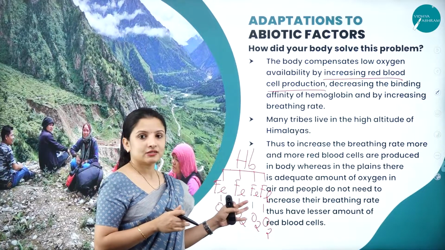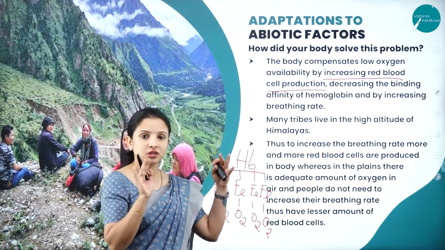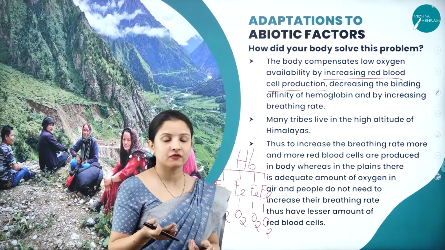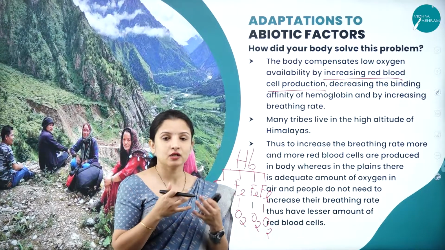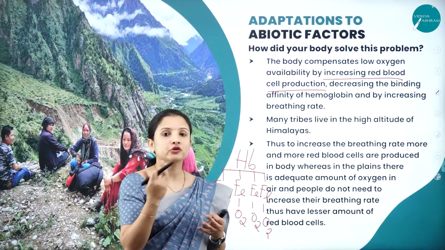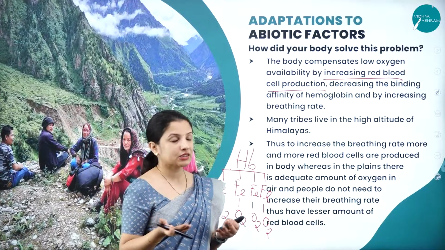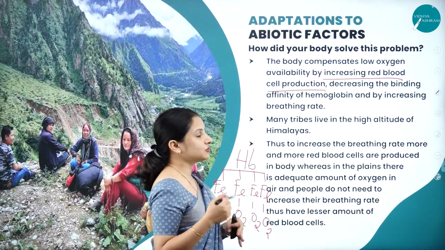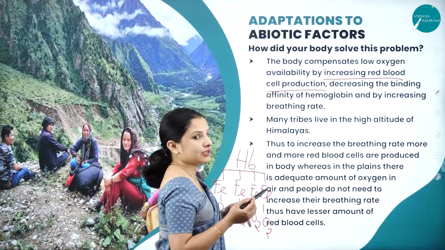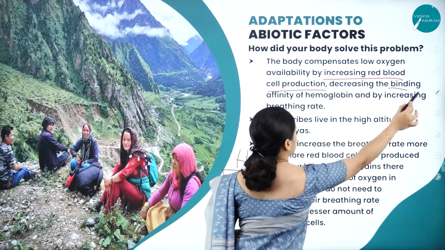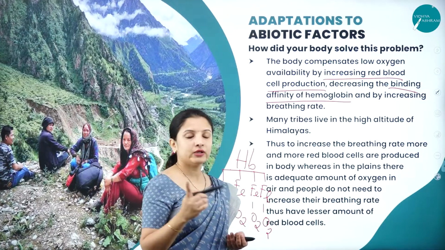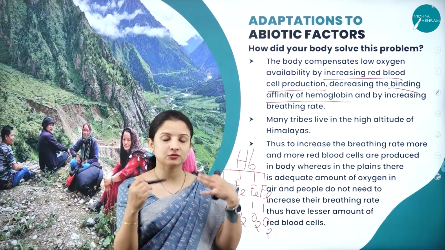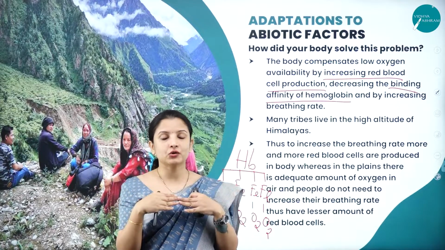After some time, the body itself adapts in such a way that, for the maximum amount of oxygen we are taking in at a faster rate, it produces that many red blood cells. So the number of red blood cells will start to increase. Therefore, the binding affinity of the hemoglobin will also increase. And how do we get enough oxygen in spite of the oxygen around us being less?